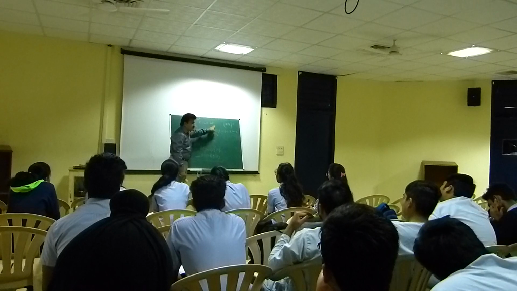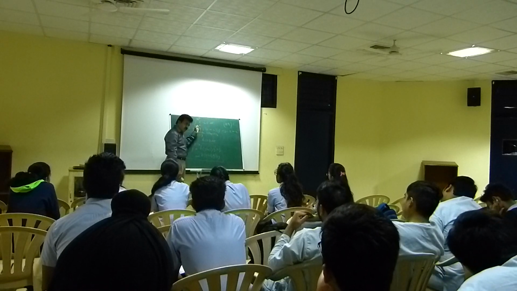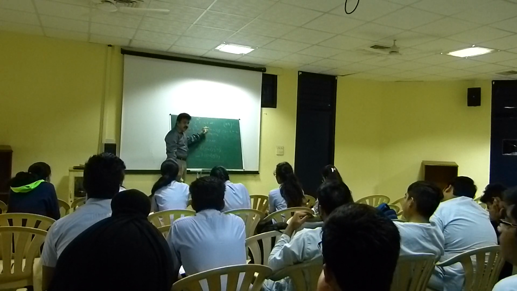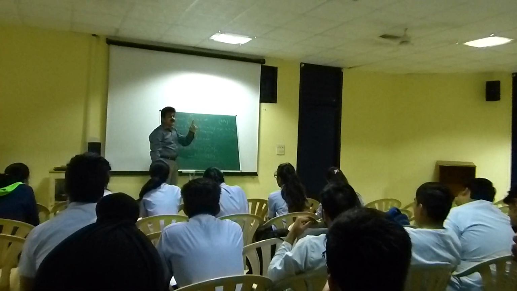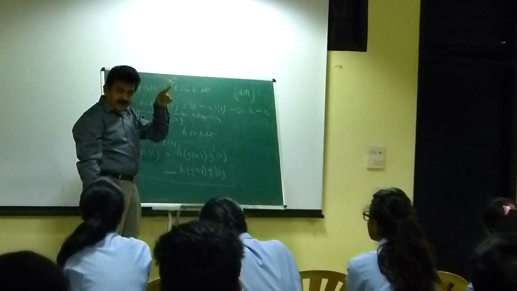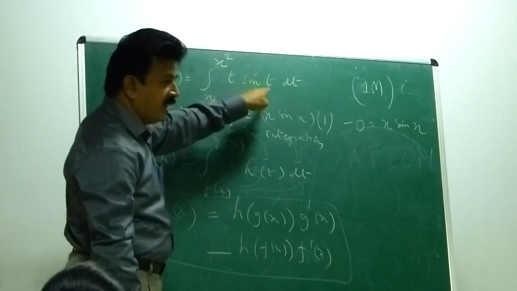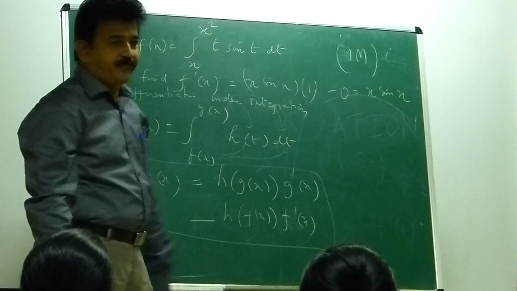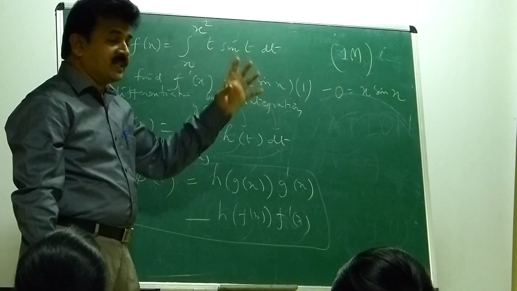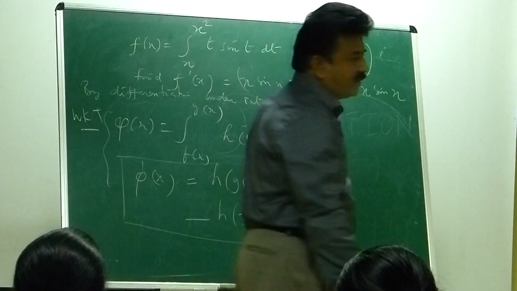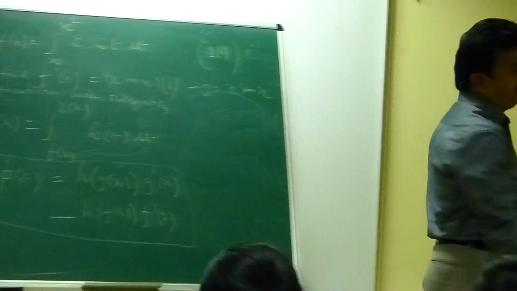So 2x times x squared is 2x cube of sine x squared. That's what will be the answer for the upper limit. Then subtract the lower limit also. Suppose it becomes x, then x sine x derivative. So you will answer like 2x cube sine of x squared minus x sine x.